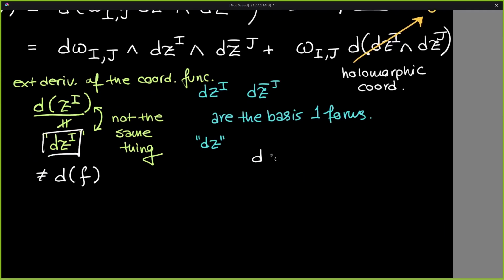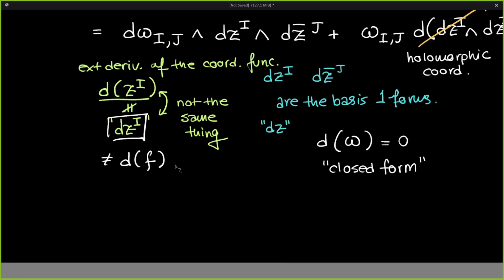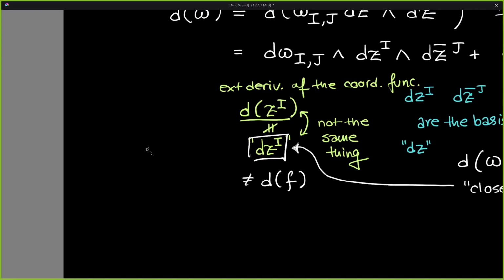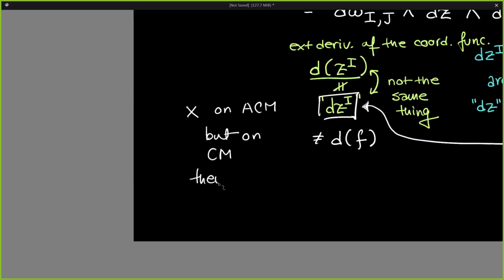If d of some vector or some form is 0, this is called a closed form. Our dz i may or may not be closed forms on an almost complex manifold, but on a complex manifold, they always close.